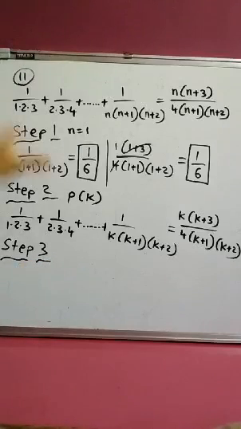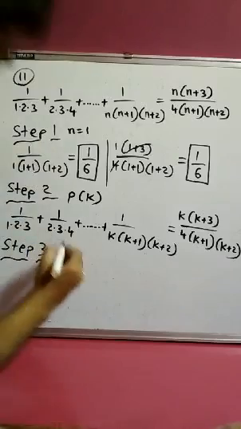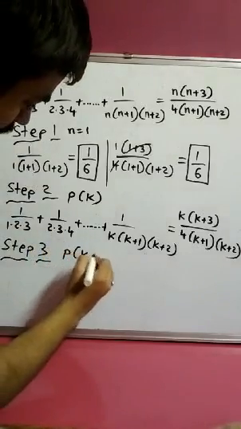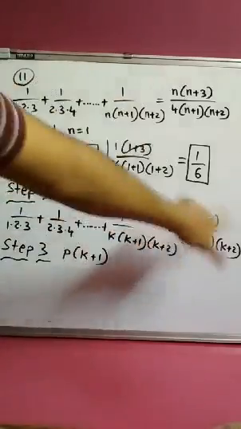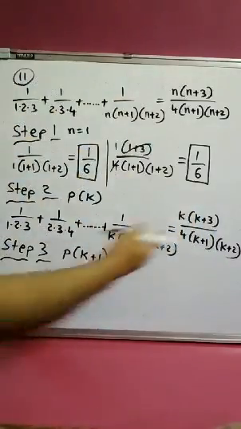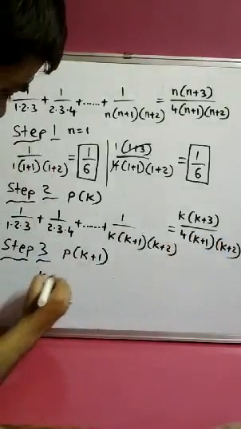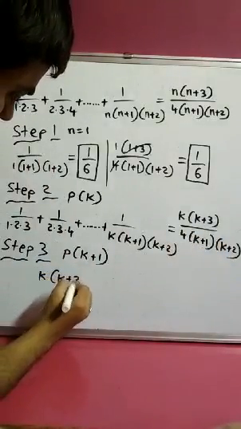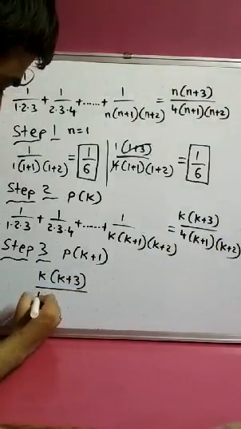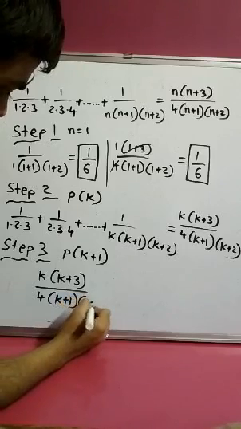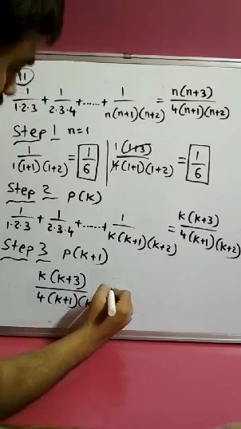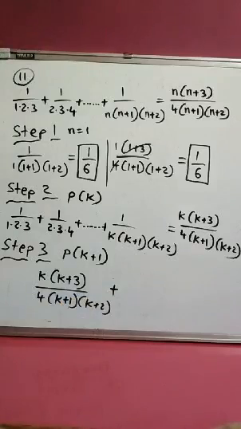See, step 3 will be P of k plus 1, right? But what happens till k? This value is there, okay? So this value I am writing directly only: k into (k plus 3) divided by 4 into (k plus 1) into (k plus 2), plus now k plus 1.